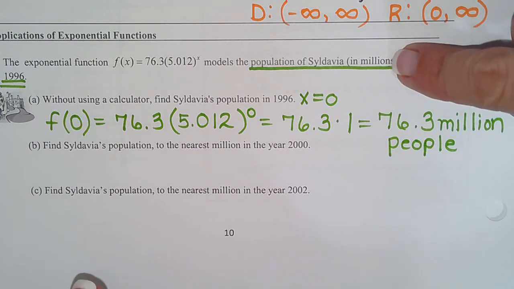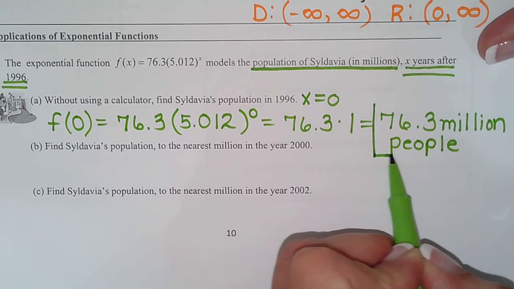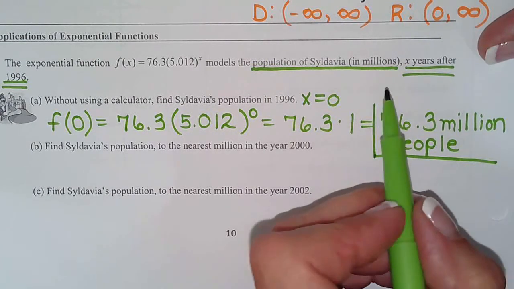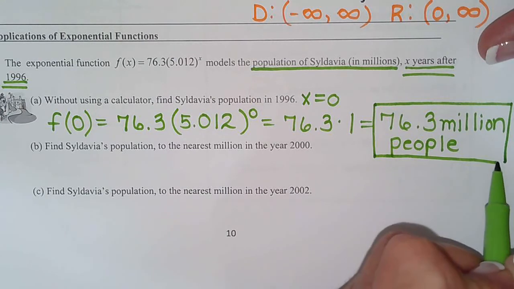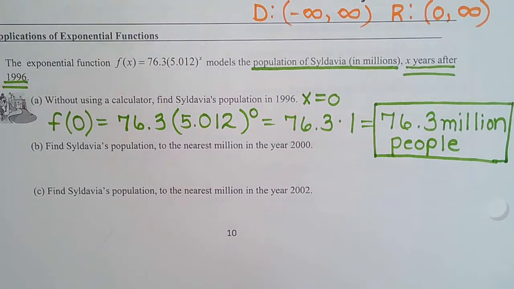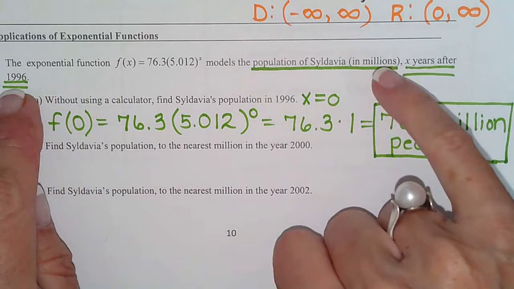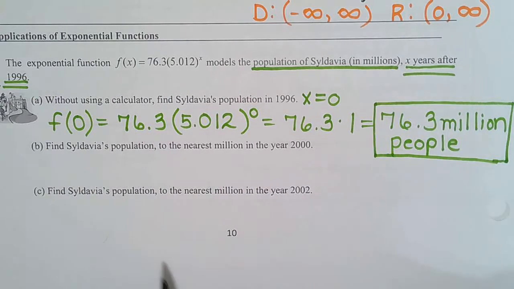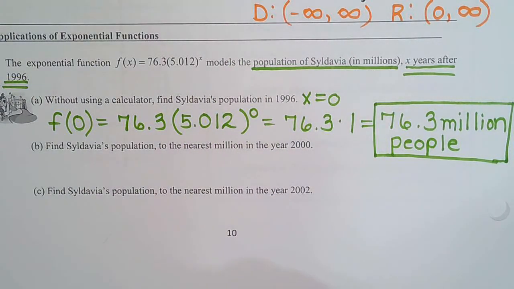So it's 76.3 million people in the year 1996. You have to read the directions carefully to understand what x is, why we pick 0, because 1996 is 0 years after, and then to know to add millions to your answer, because it's not just 76 people in the country, it's 76.3 million people.